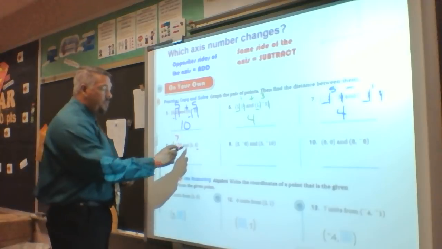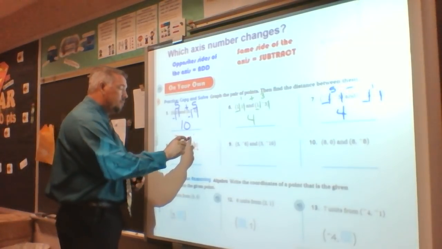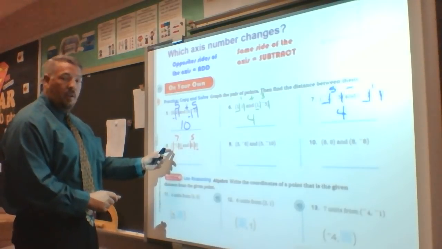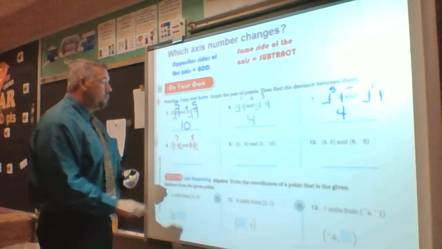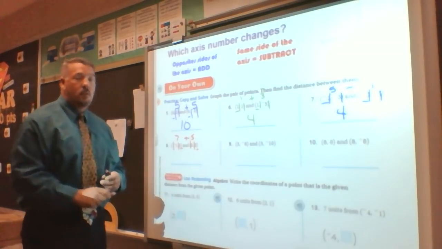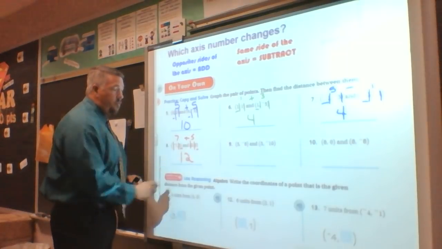And then I have a positive 5, and its absolute value is 5. One is a negative, one is a positive. Opposites tell me to add. 7 plus 5 gives me an answer of 12.